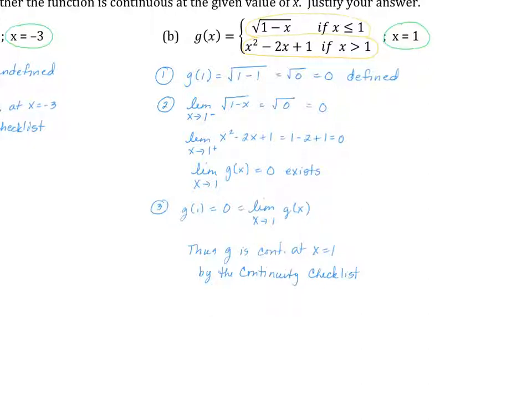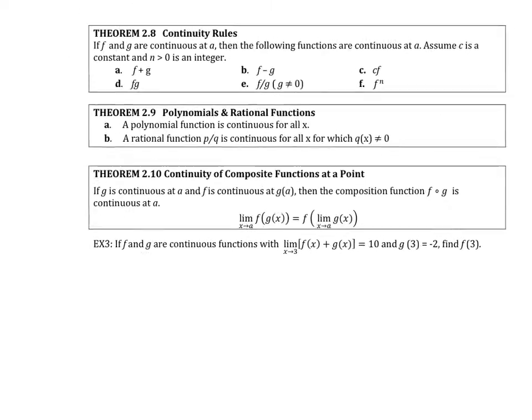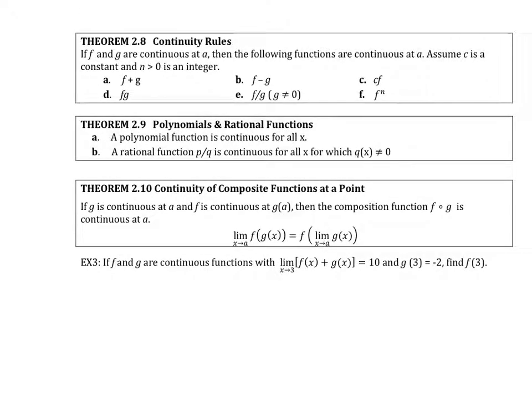So that's how we show if a function is continuous or not continuous at a particular point. Now we're going to discuss a bunch of different theorems involving continuity. Okay, so theorem 2.8. All theorem 2.8 is saying is that if you add continuous functions or subtract continuous functions or multiply continuous functions, it's going to be continuous.